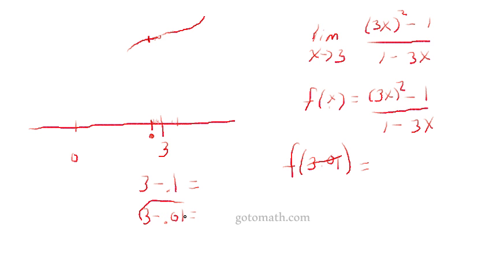If we were coming in from the right, for example, we would evaluate f of 3.1, then 3.01, and look at that y value, and so forth. And this thing is going to converge on something right here.